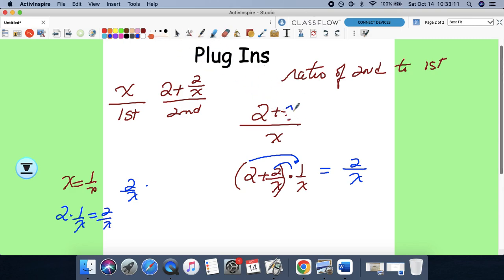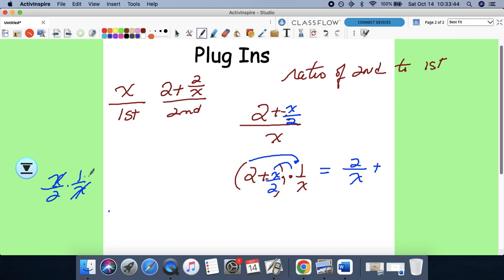This is supposed to be x over 2, half. So it's plus, and if you multiply x over 2 times 1 over x, these can be simplified, and you just get a half.